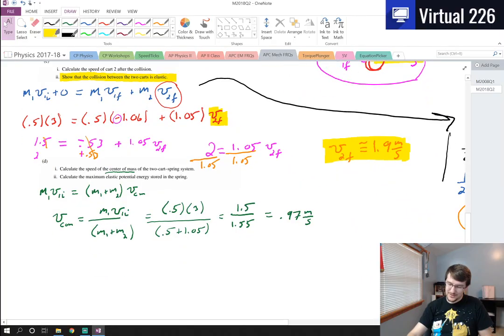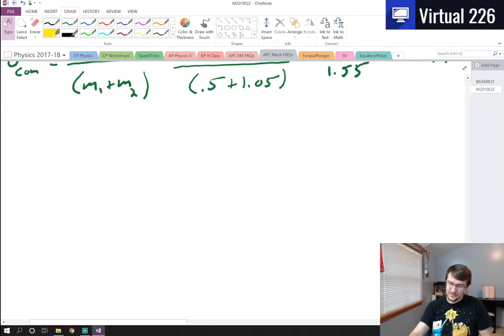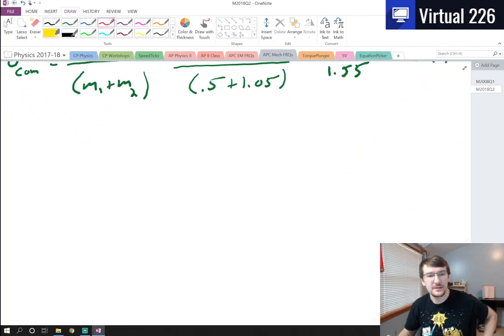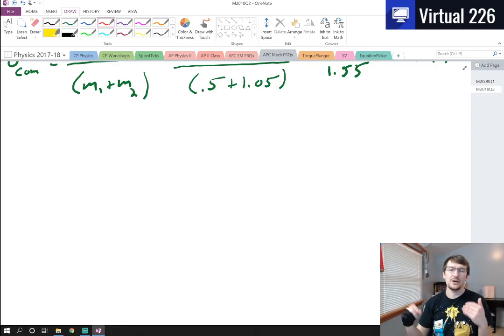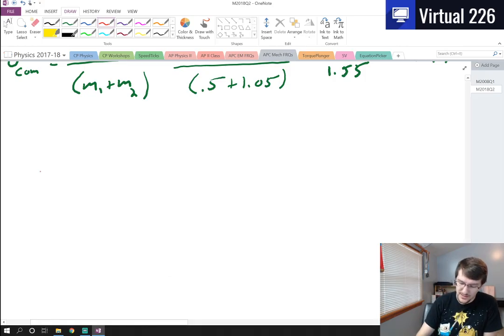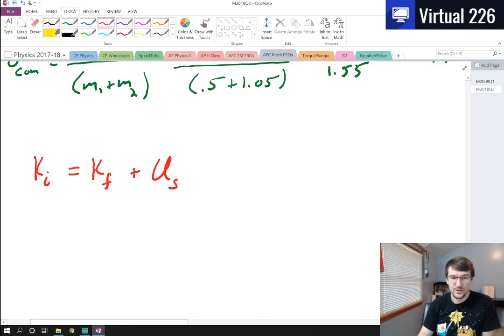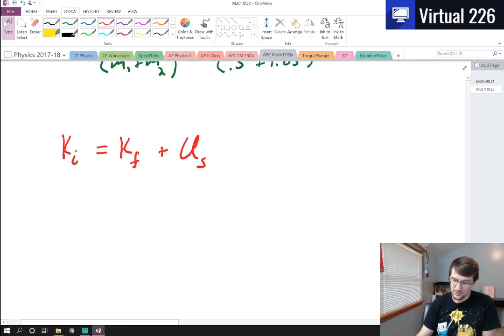Other way you can do it goes like this. So we'll come back down here. You can say that the conservation of energy has to exist for an elastic system like this. So we're just looking for the elastic potential energy stored in the spring. So what we can say here is that the initial kinetic energy we have has to equal the final kinetic energy plus that spring energy we have there. And we can think about this for a center of mass system.